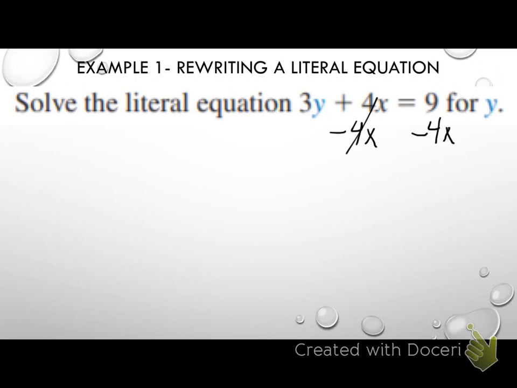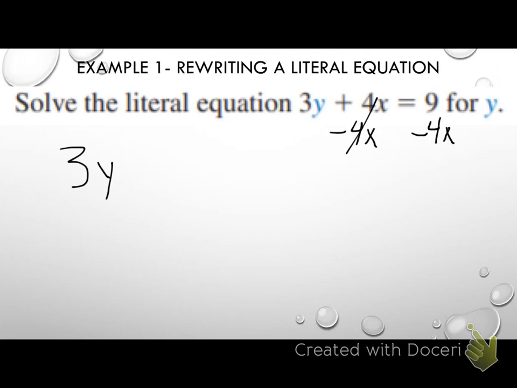Everyone okay with that? So on the left-hand side, I have 3y left over. Now on the right-hand side, I have 9 minus 4x. Some of you might say, oh, that's just 5x. Are those two things like terms, though? They're not like terms. One has an x, one's a constant.